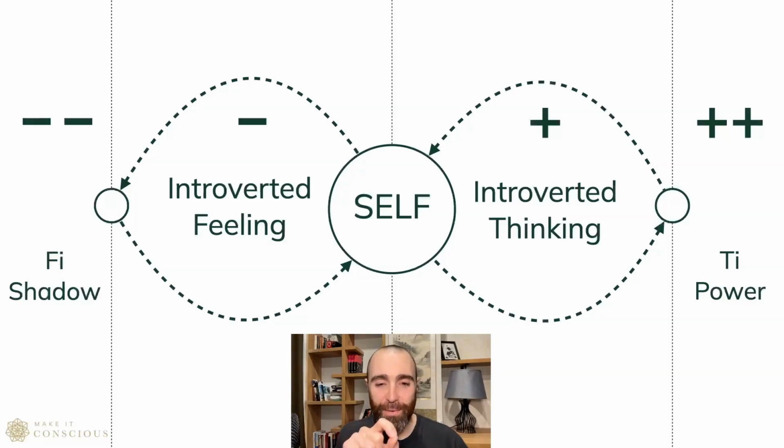Now, the thing is that introverted thinking would not even exist if it wasn't for feeling of some kind. Whether that's introverted feeling or extroverted feeling, there's two ways of looking at it. But in terms of its flavor opposite here, we're talking about introverted feeling. Again, you could use extroverted feeling here, but for the sake of this map, I'm talking about introverted feeling.